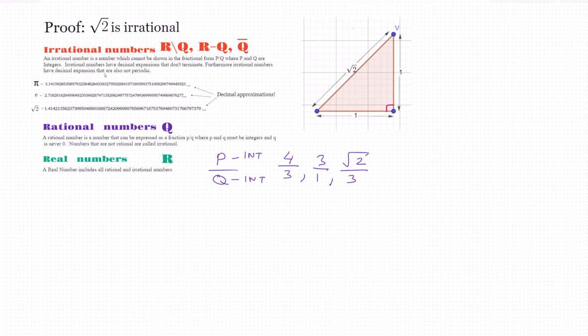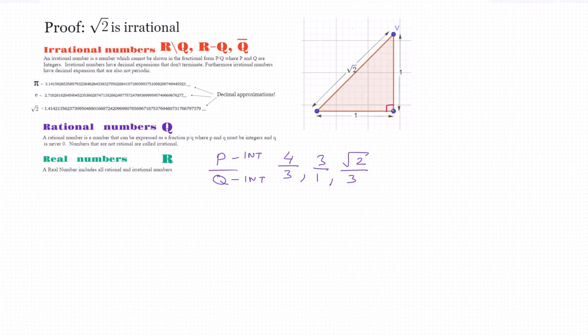Another property of irrational numbers is that they have decimal expansions that don't terminate. In other words, the expansion goes on. And furthermore, irrational numbers have decimal expansions that are also not periodic. In other words, you're not going to see sets of numbers repeating over and over again, like, for example, 3.333. Okay?